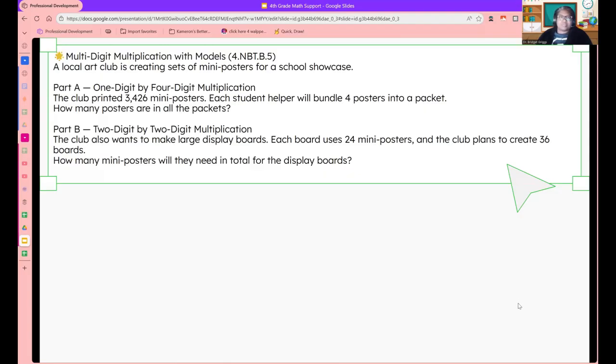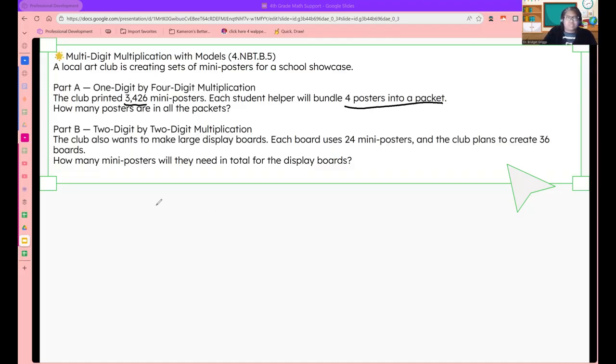So let's see what we have here. So we have 3,426 mini posters, and then there are 4 posters into a packet.